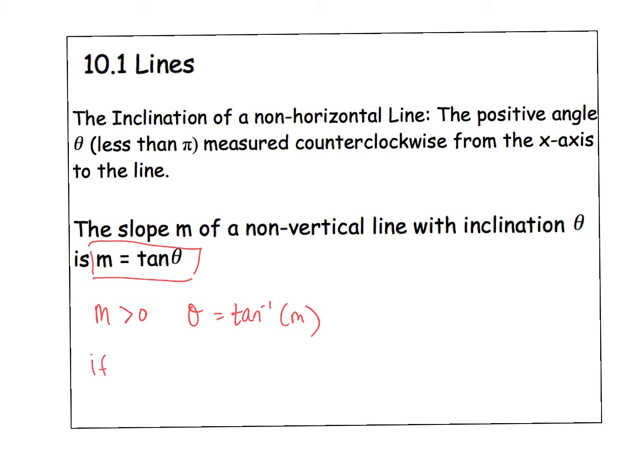If m ends up being less than 0, theta is going to need to equal pi plus that tan inverse to make sure that we are where we need to be. Because theta needs to be between pi over 2 and pi there. Okay. So just a side note, it doesn't always come up, but I thought it was important to point out.